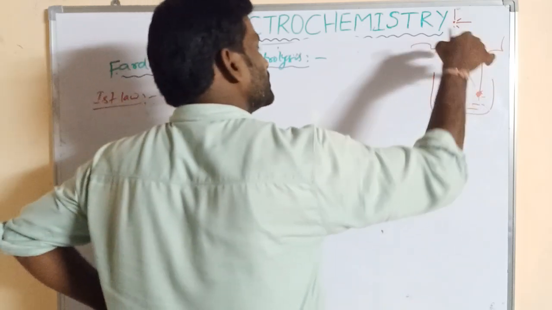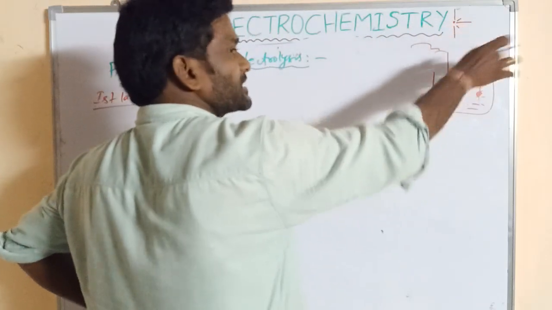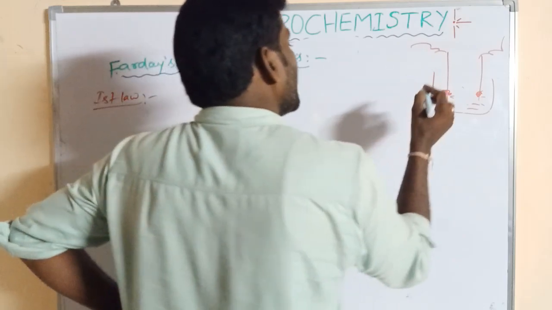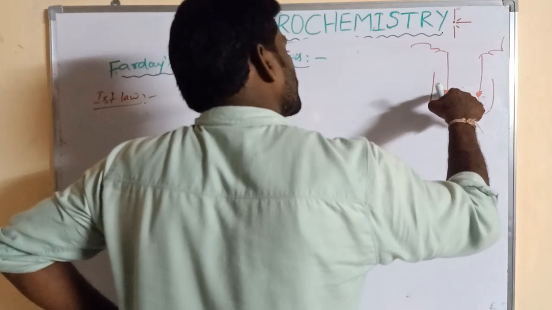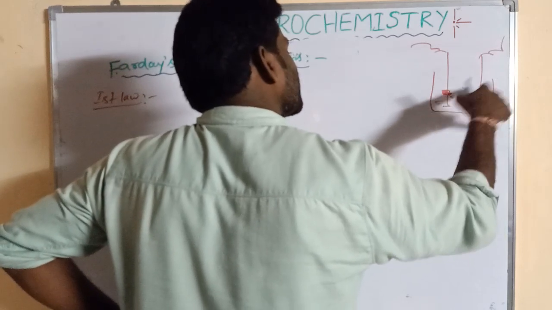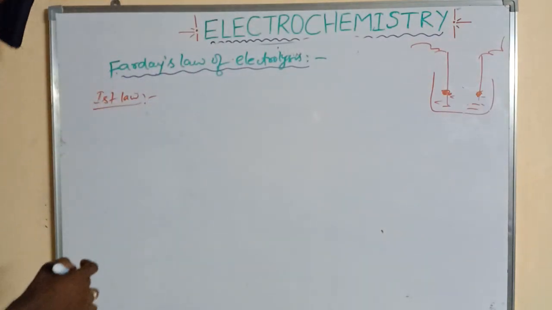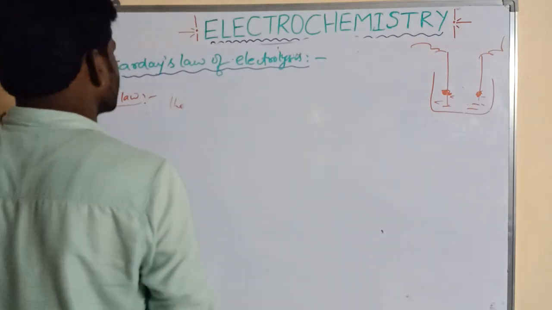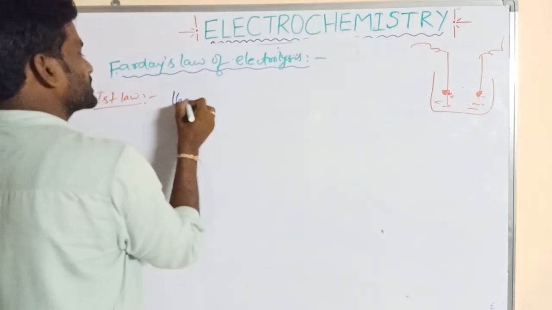Here, in the electrolytic cell, the electrical energy is converted to chemical energy, right? So how the amount of substance deposited at the electrode varies with the current passed, that is Faraday's first law. So first of all we can write its definition.